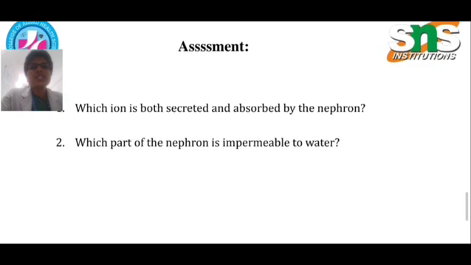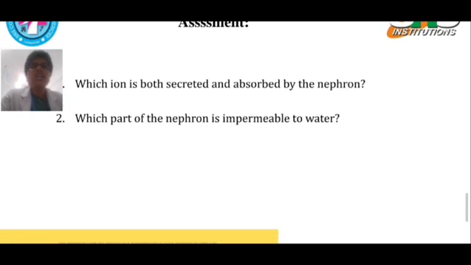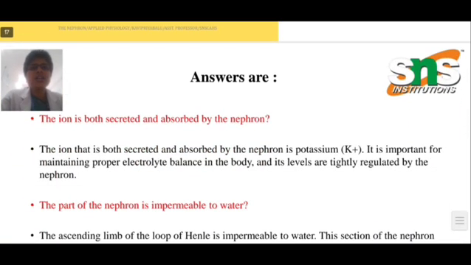There are two questions presented here: which ion is both secreted and absorbed by the nephron, and which part of the nephron is impermeable to water. The answers: the ion that is secreted and absorbed by the nephron is potassium, K+.